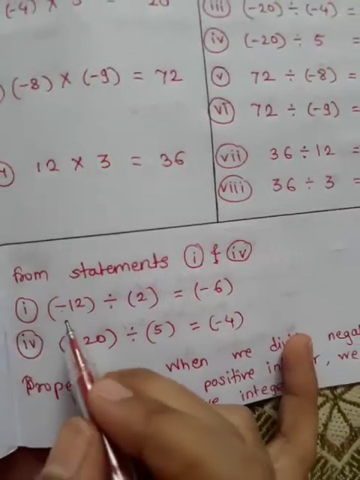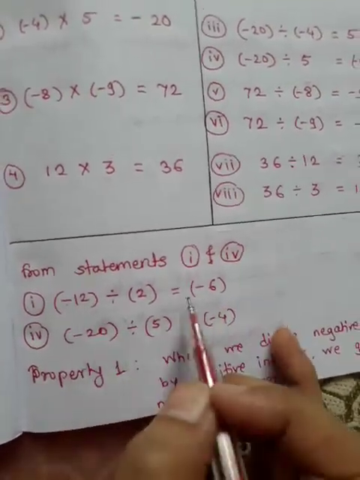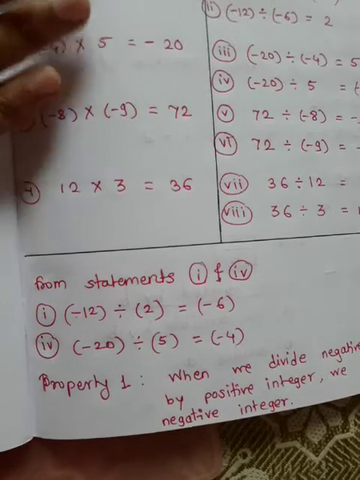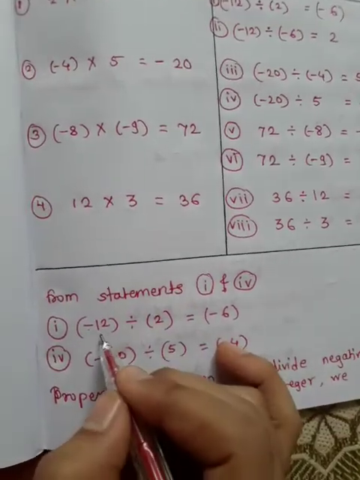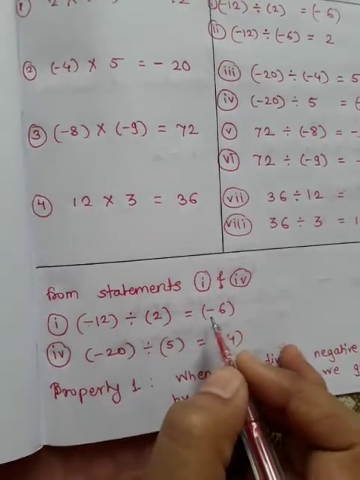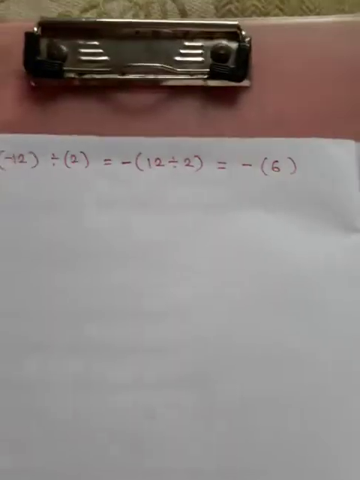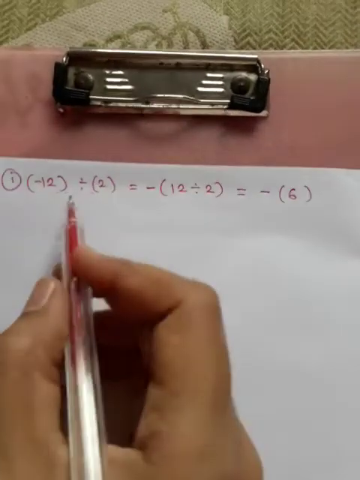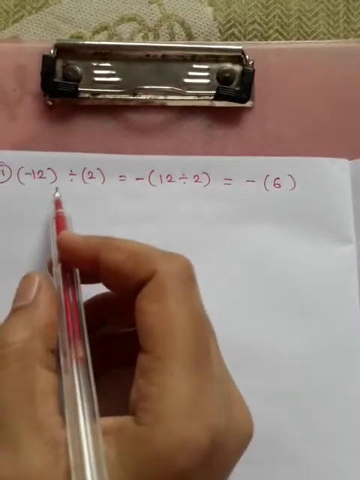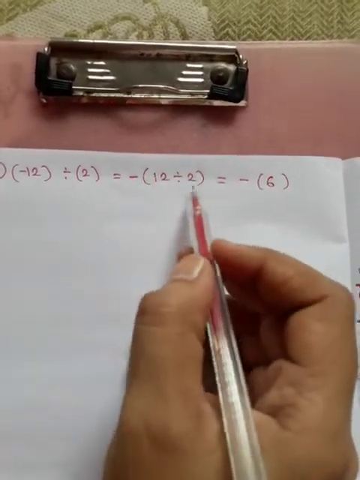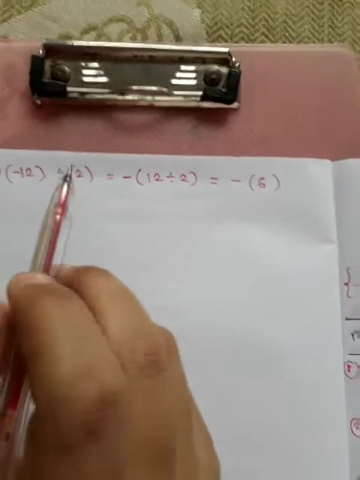We got this statement from the multiplication statement. So minus 12 upon 2 is minus 6. But when we actually divide them, first we divide them as whole numbers and take the minus sign outside.